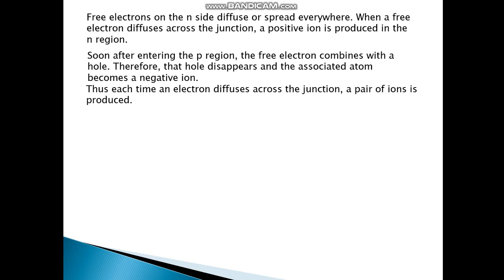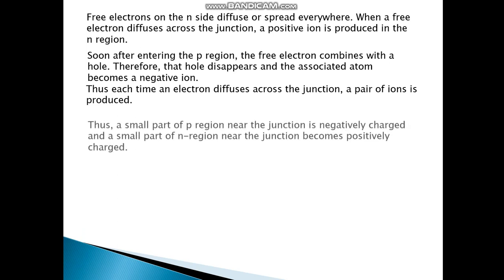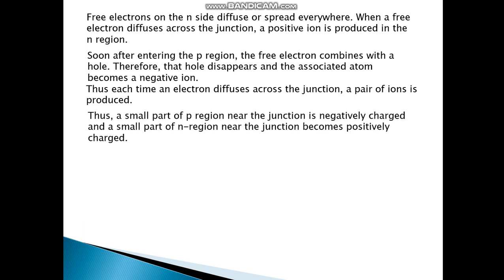Thus, each time an electron diffuses across the junction, a pair of ions is produced. Thus, a small part of the p region near the junction is negatively charged and a small part of the n region becomes positively charged. This region is called the depletion layer or region.